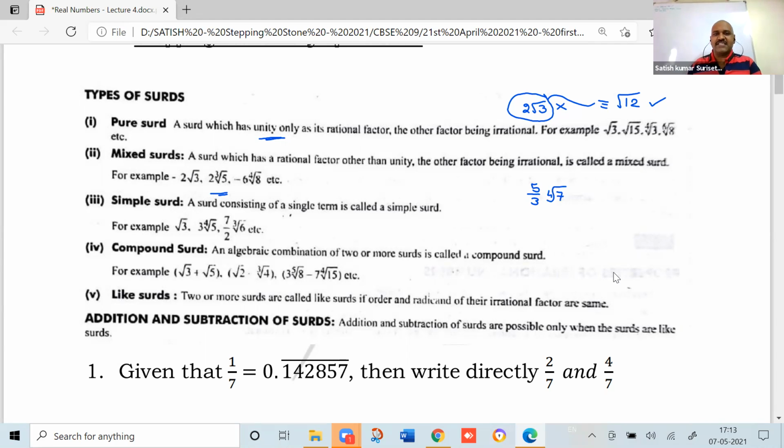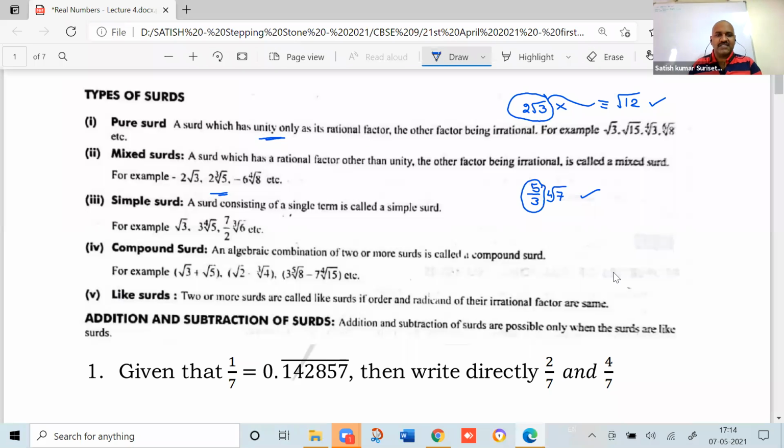Can I say it is a mixed surd or not? Yes, it is a mixed surd, because 5 by 3 is a rational factor and fourth root of 7 is an irrational factor.